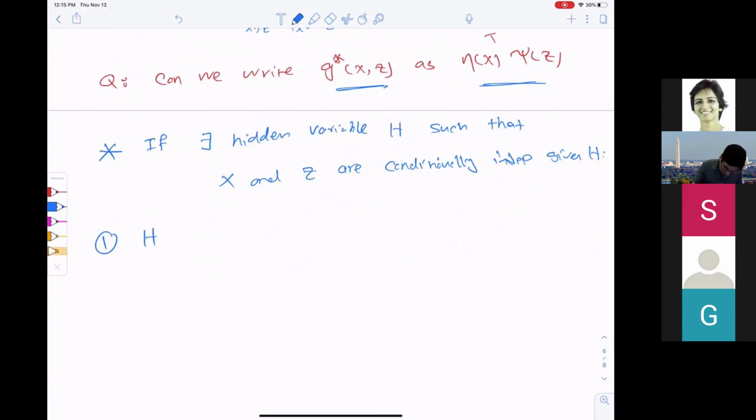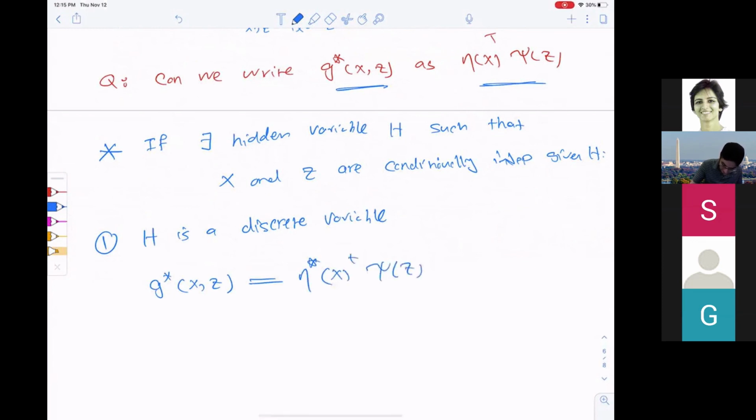H is a discrete variable. In that case, in fact, g star can be written exactly as some function eta star of x times psi star of z, then I'm done, right? So that's exact. No approximation, no nothing.